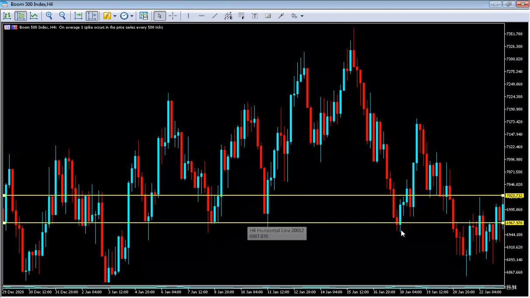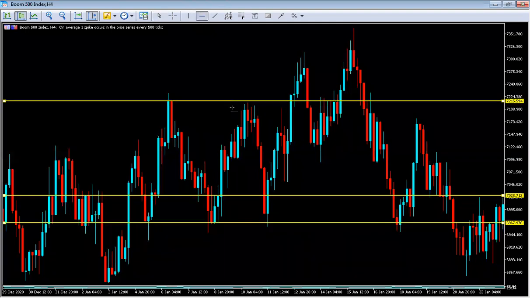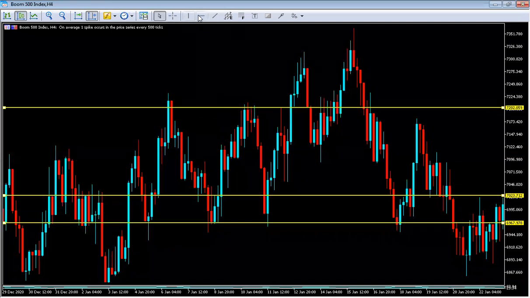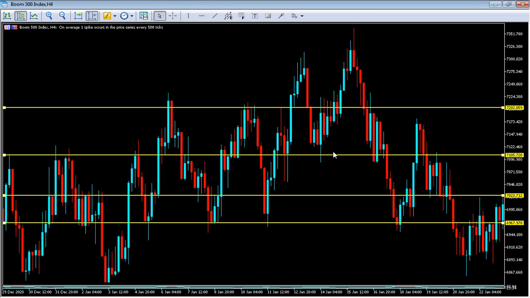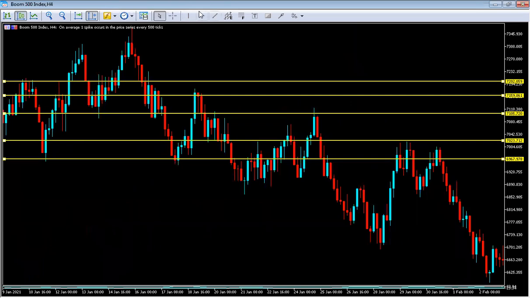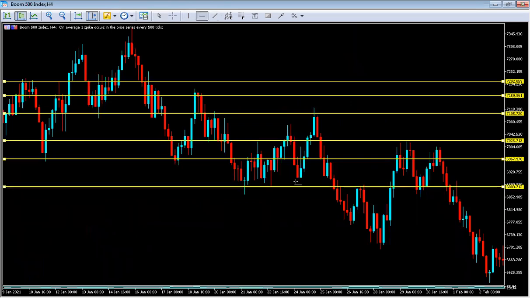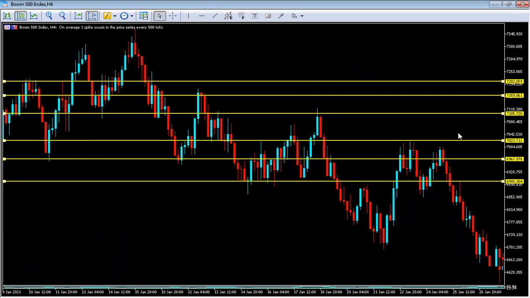This is my support. This is my support. This is what a lot of people do, right? And then you find out that at the end of the day, there's trend line everywhere. So where do you want to take a trade from? There's trend line absolutely everywhere. You've soiled your entire chart with so much trend line.